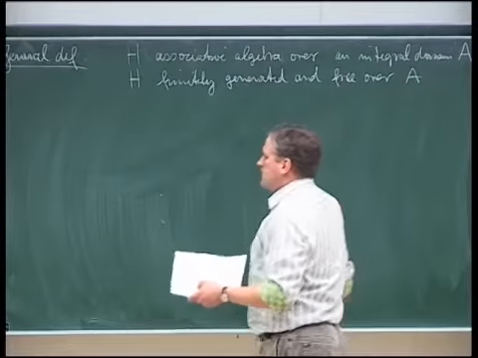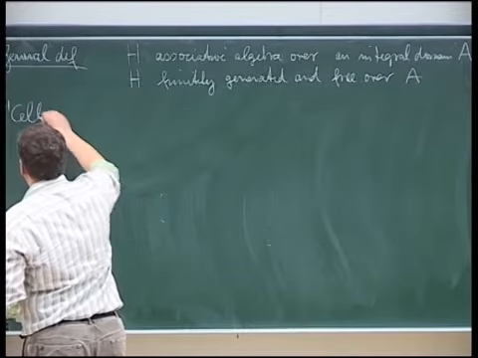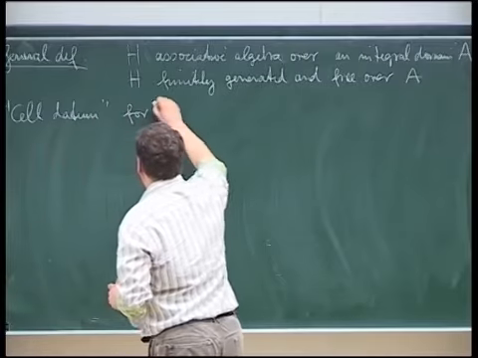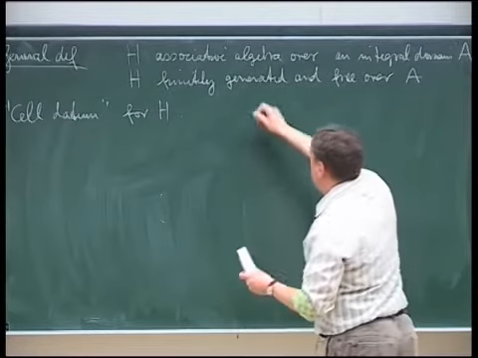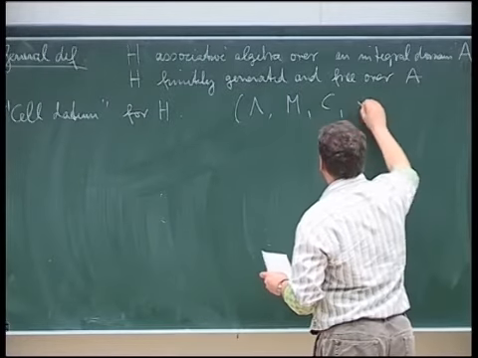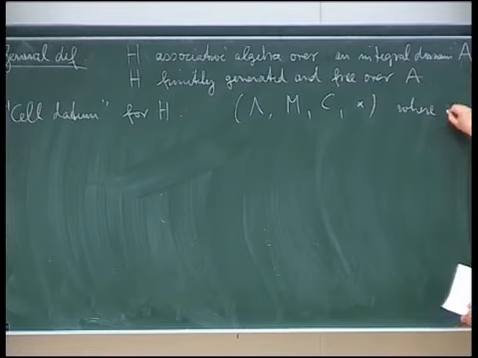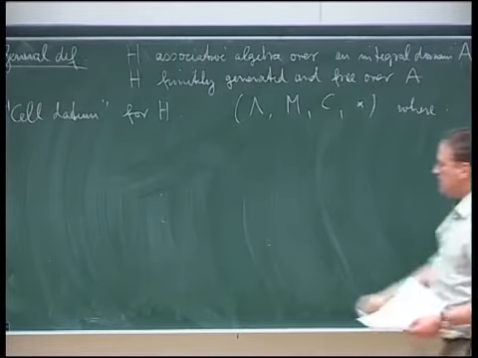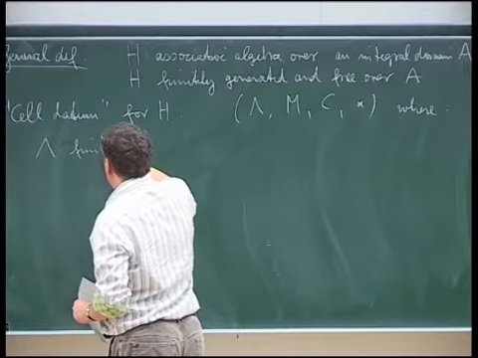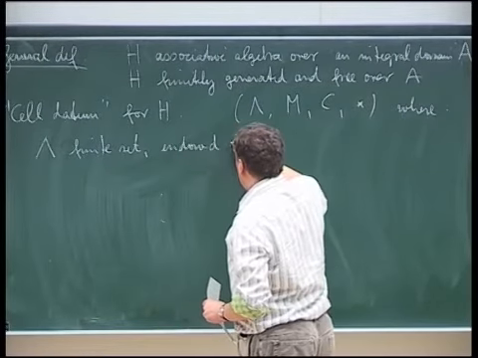And Graham and Lehrer do this in terms of what they call a cell datum for H. So this is a quadruple (Lambda, M, C, star) where, now we have some axioms, Lambda is a finite set endowed with a partial order.